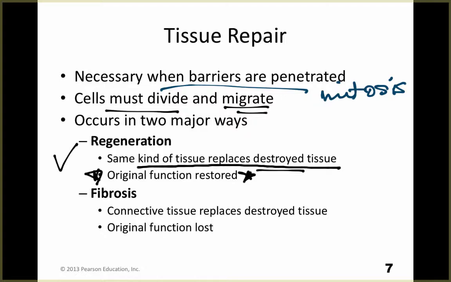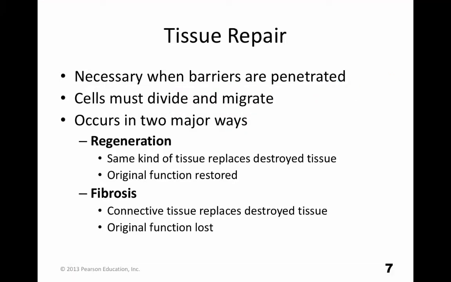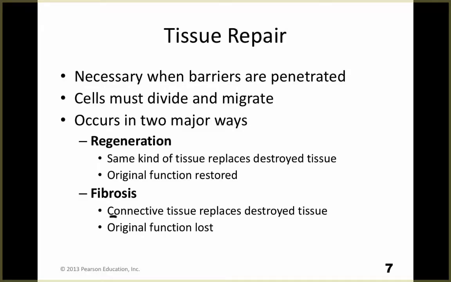Some tissues, specifically connective tissues, replace, what happens is you'll have your initial tissue and it will get replaced with connective tissue, right? So the destroyed tissue becomes connective tissue, which means if something is getting replaced by something that it's not, then you've lost original function.